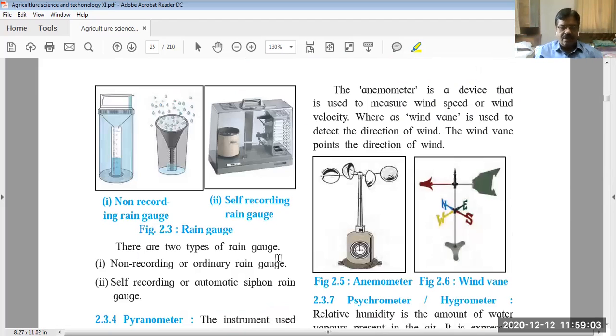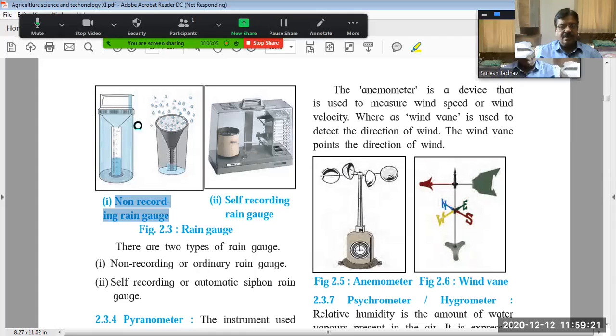Now have a look at this photograph. There are two kinds of rain gauges. One is a non-recording gauge, and this is a self-recording gauge. In the non-recording gauge, whatever rainfall water is available goes through a funnel into a cylinder container, which is taken out and the total quantity of water is measured.